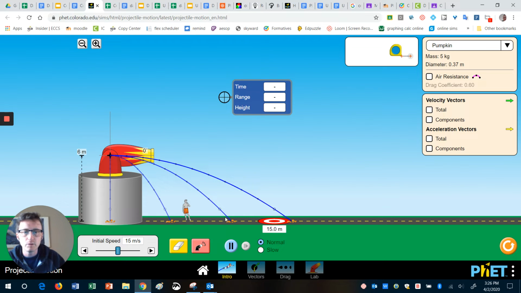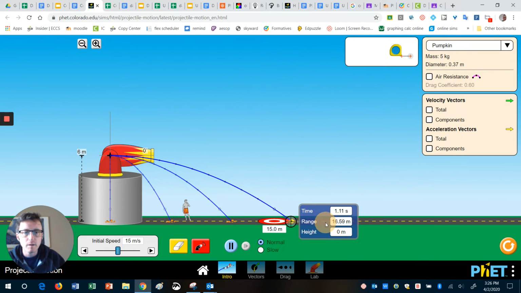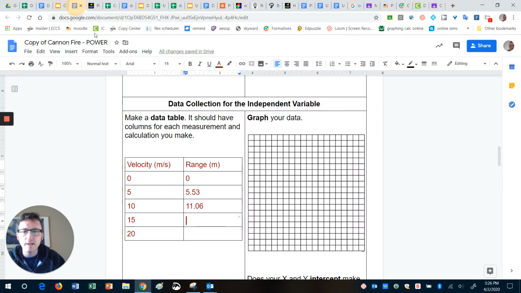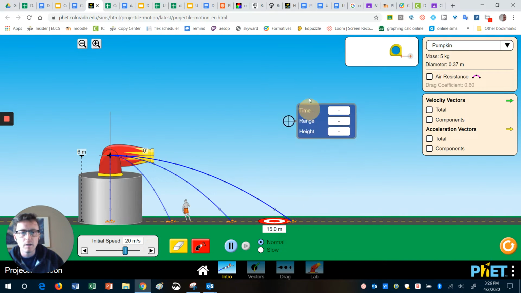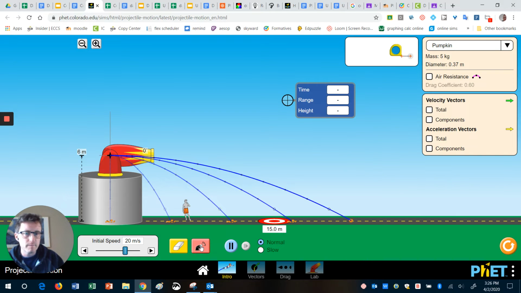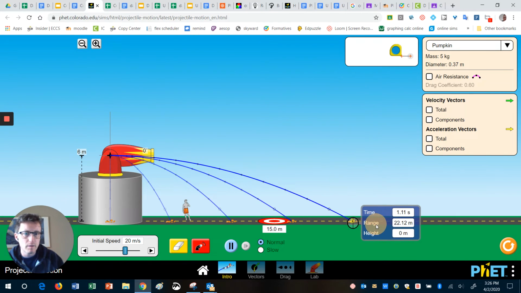Launch it. Ooh, I almost hit the target. Okay, 16.59. And then my velocity of 20. So I increase this to 20, and I launch it. Bam. Okay, height of 0. My range is 22.12.